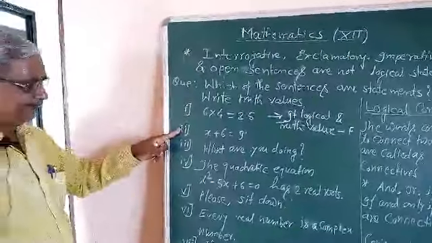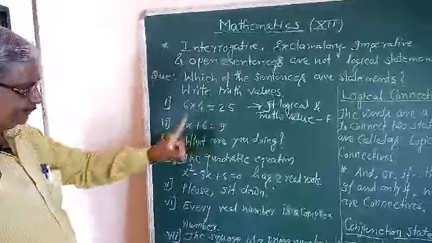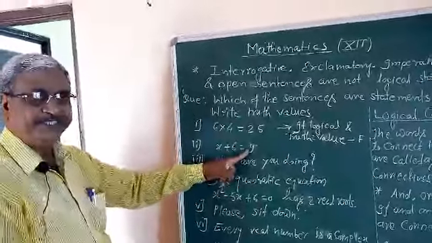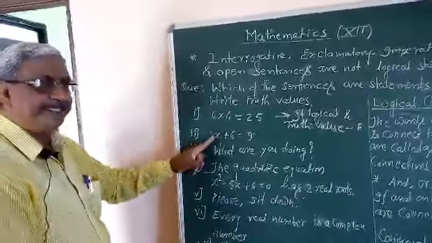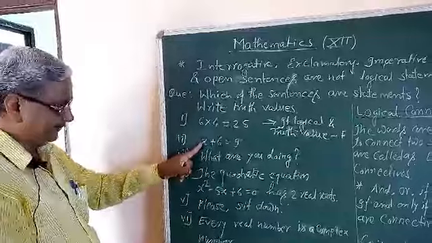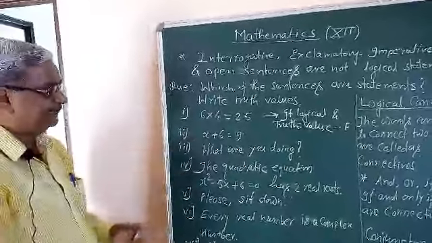Next example: x plus 6 is equal to 9. Here, for what value of x the equation is satisfied, we can't say. We can take any value of x, that is, any real number, and for which value this equation is satisfied, we don't know.